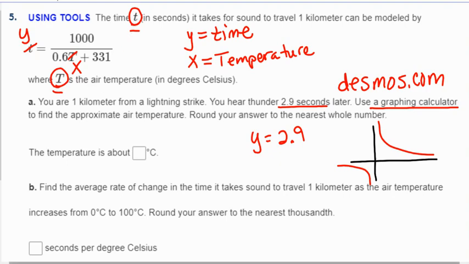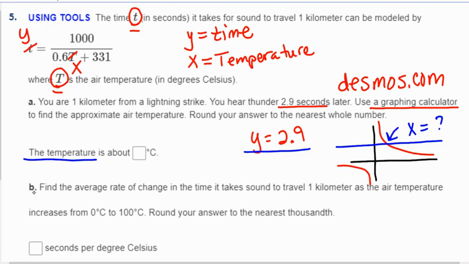And then you have a second one that is just y equals 2.9, and you're going to look for that x value, and that is going to be the temperature of the air when this lightning strike happens, okay?